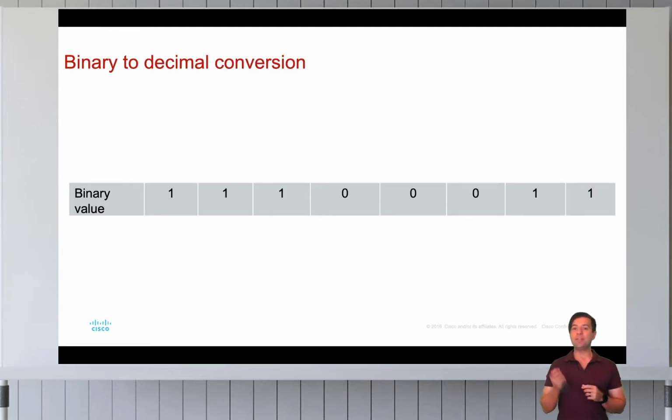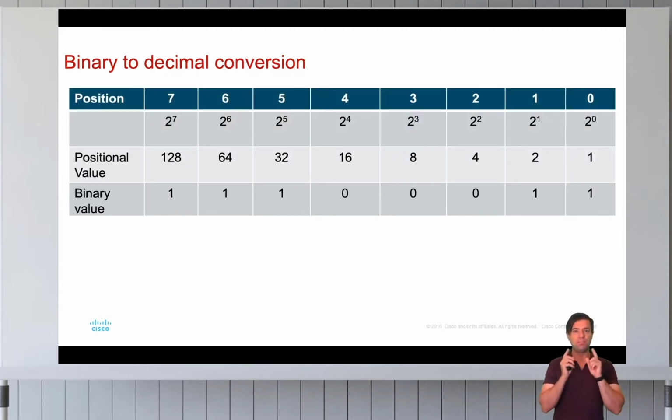The only difference is that binary is not a base 10 numbering system, it is a base 2 numbering system. So instead of using the base number 10, we use the base number 2. We have quite a few columns, and unfortunately in this case they're not exponents of 10, but exponents of 2.